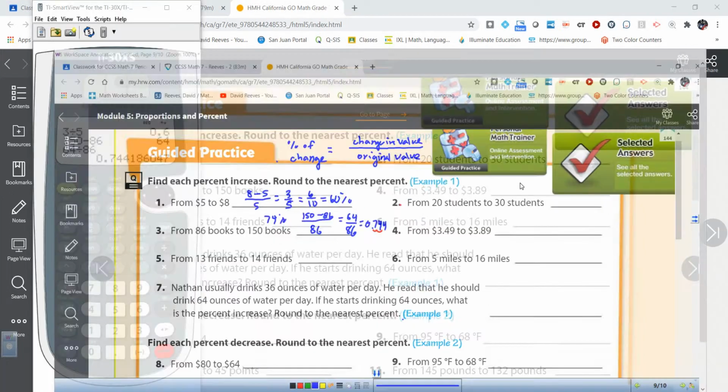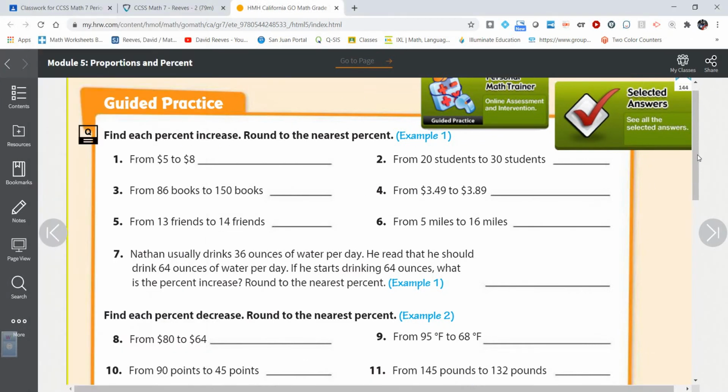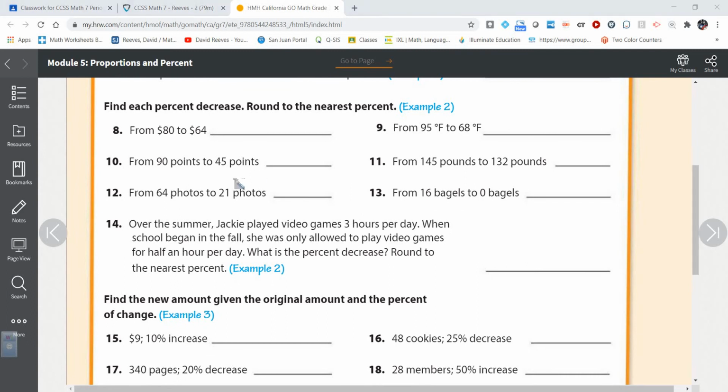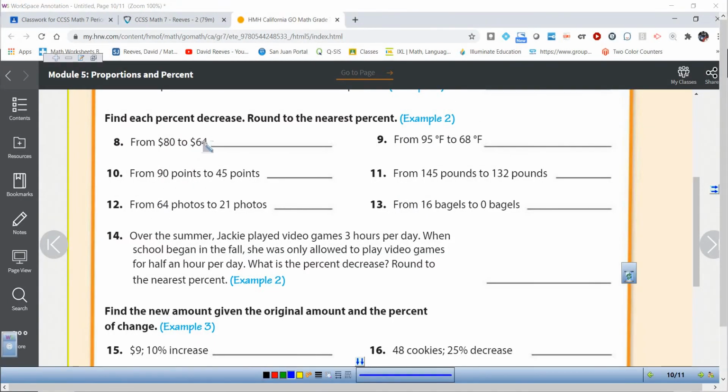So we did those 2 increases. Now let's go ahead and take a look at a decrease. From 80 to 64. Again, remember, it's the same formula every time. That's why I think this section is kind of easier than some that we've done.